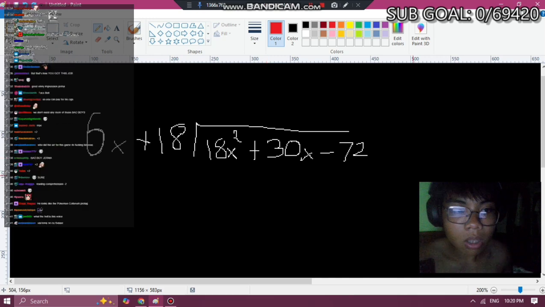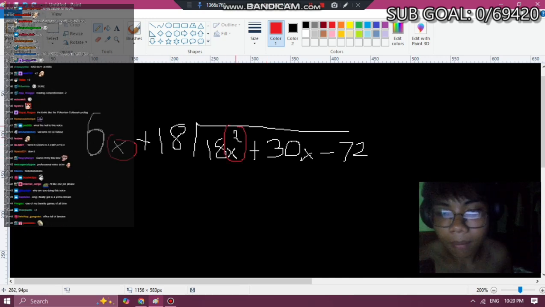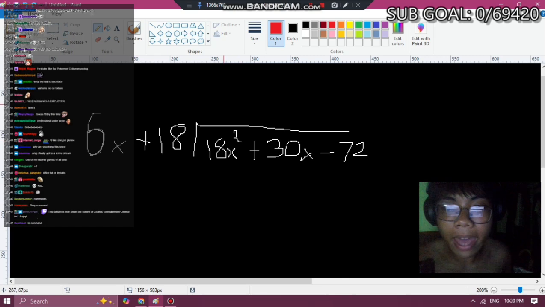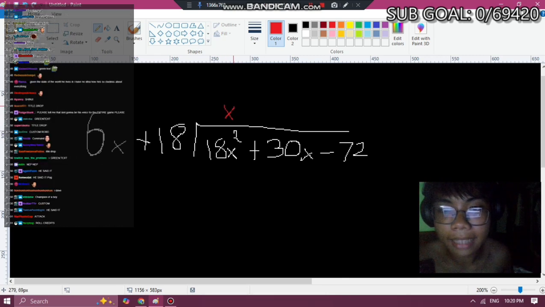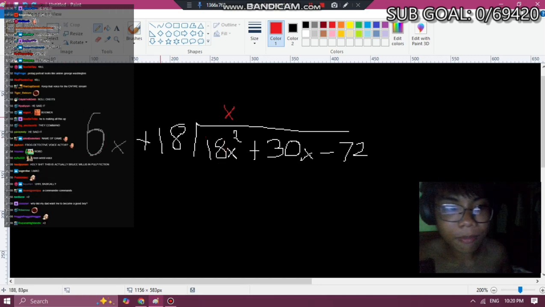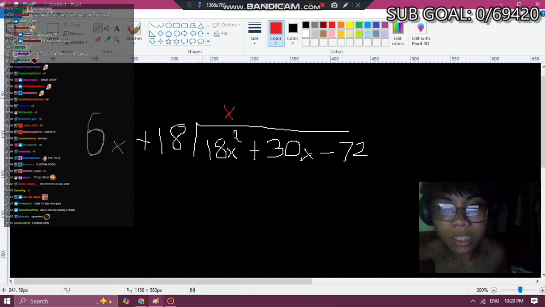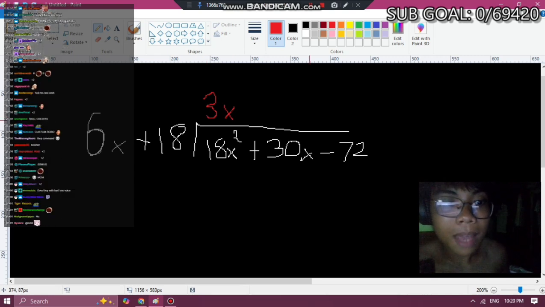So first we take this x squared and divide it by this x term. So x squared divided by x is just going to be x. Now we take 18 divided by 6. How many 6's can fit in 18? That's going to be 3. And that's going to be our first term in the quotient.